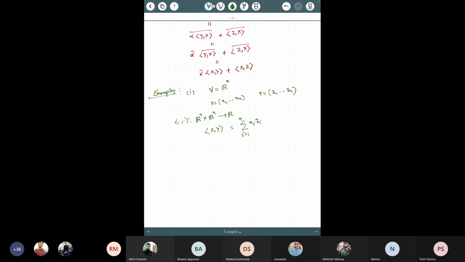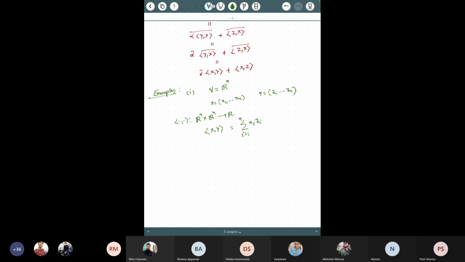This is the dot product on Rn, and you can see that this dot product satisfies all four properties of the inner product. It's a well-defined function from V cross V to R, and it satisfies all four properties of an inner product, and therefore it is an inner product. So this function defines an inner product on Rn. Okay, and this inner product, you have to verify this.